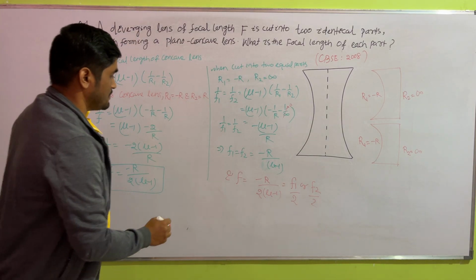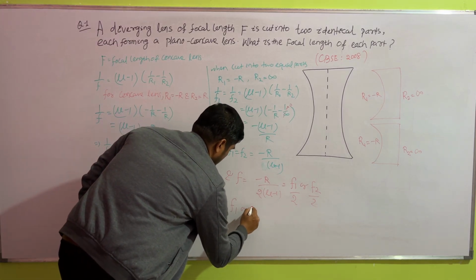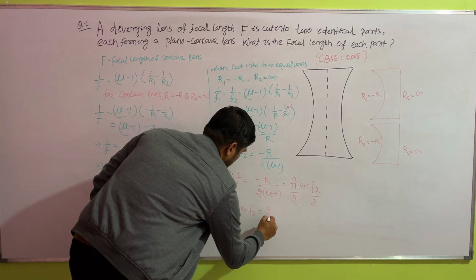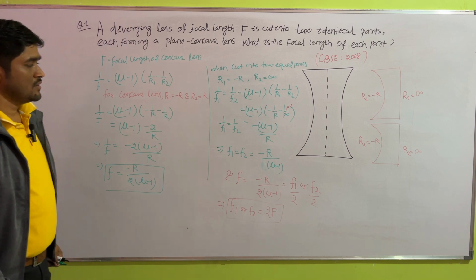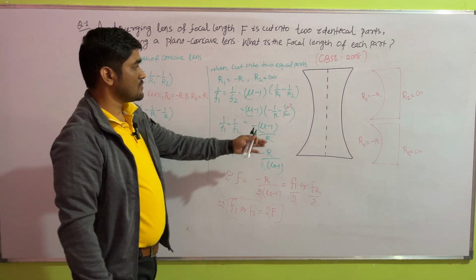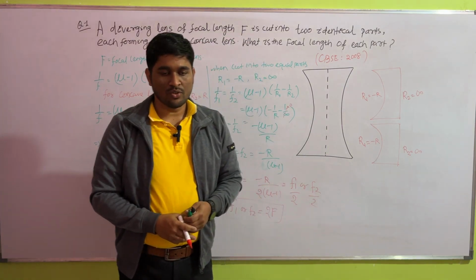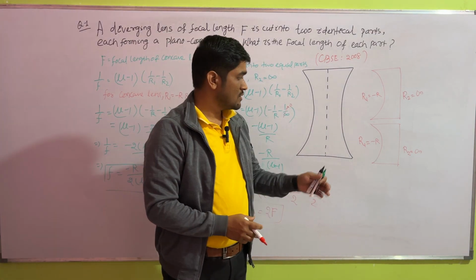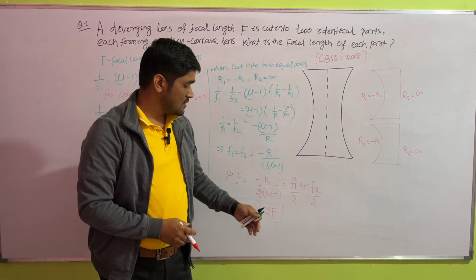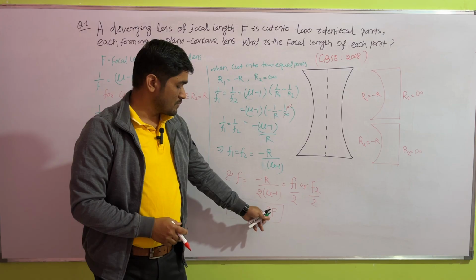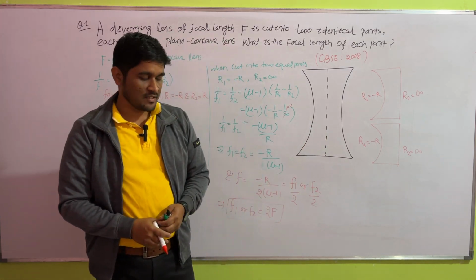So what is the relation? That implies f1 or f2 is equal to 2f. This is the relation. That means when a concave lens is cut into two equal parts, the focal length of each part will be twice the focal length of the concave lens. Clear? This is the answer.